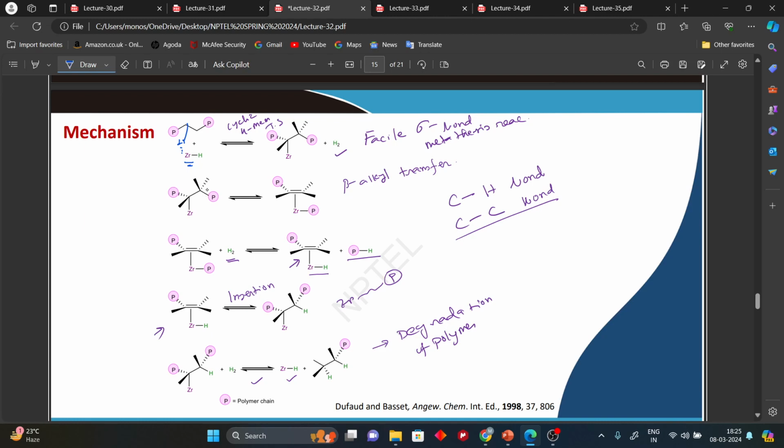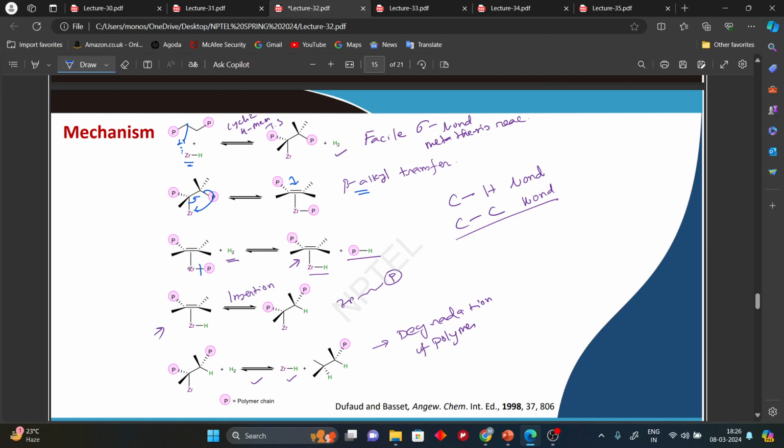Then the double bond is forming like this, a beta hydride elimination kind of thing, but here not hydride but alkyl is eliminated, so that you are generating that olefinic part towards here. Then that polymeric chain is transferred. So with hydrogen, these two things are generated.